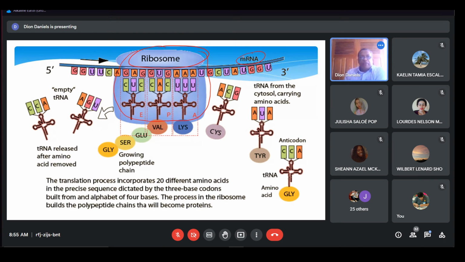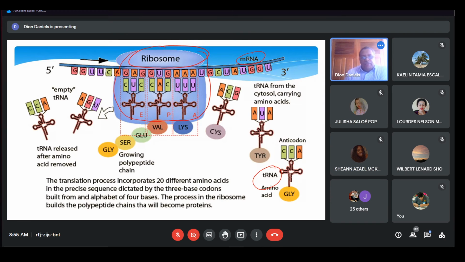So in the ribosome, there are 3 sites where these transfer RNA enter. If you notice these transfer RNA that we see on the right, that have the shape of a cross, these will be bringing in the corresponding amino acids.